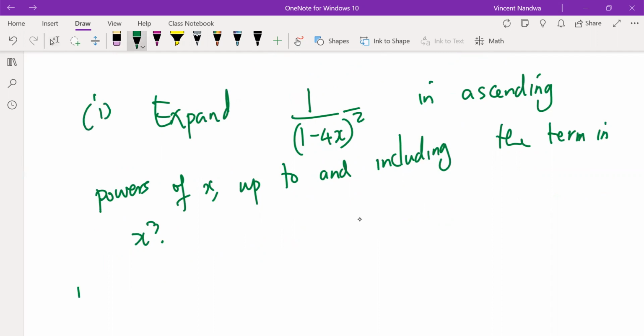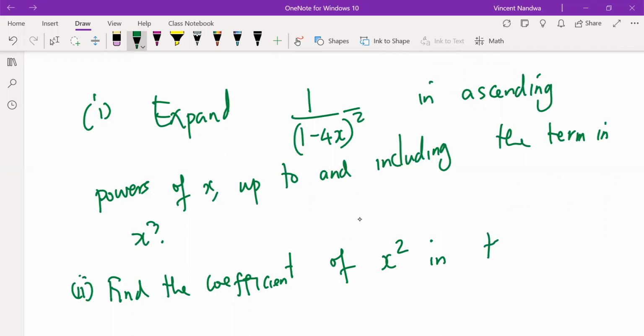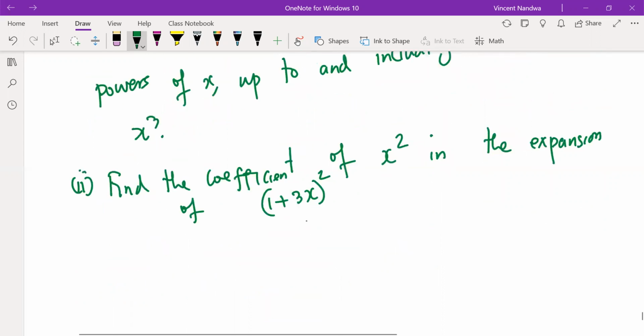Then that's 1. And then 2, find the coefficient of x squared in the expansion of (1 plus 3x) squared divided by (1 minus 4x) power 2.